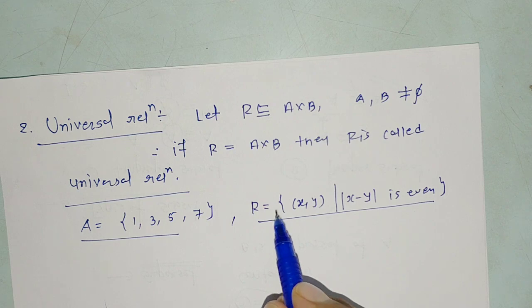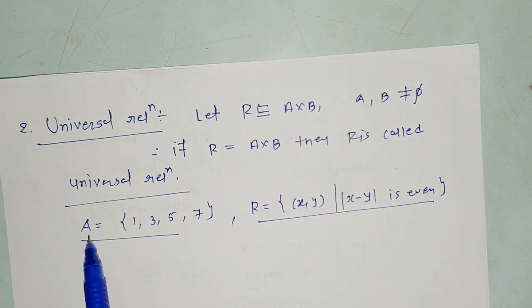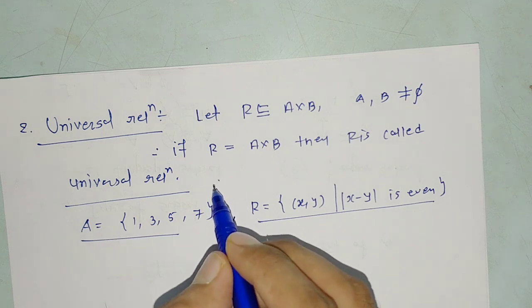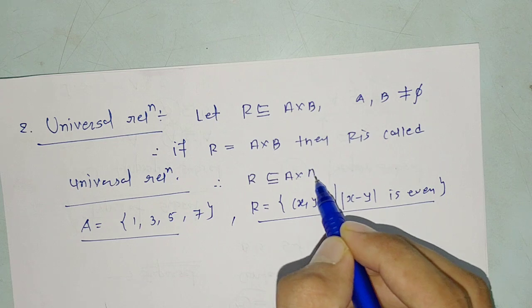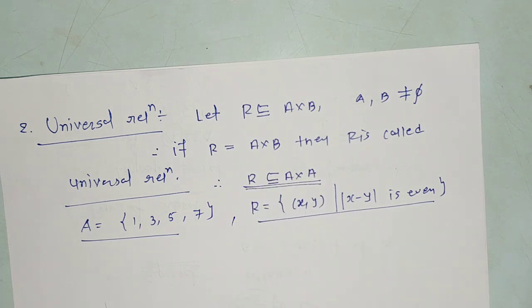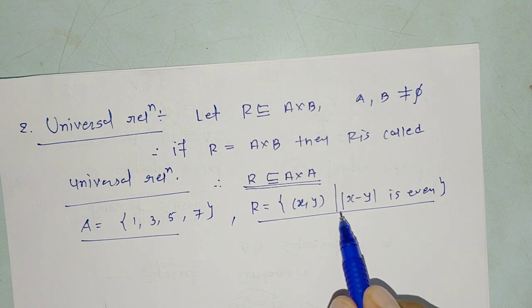Now observe that we have A cross B, but instead of that, I am taking only one set A. So R is defined as a subset of A cross A. Always keep in mind that a relation is always defined on a Cartesian product. So our relation is this: (x, y) such that modulus of x minus y is even.